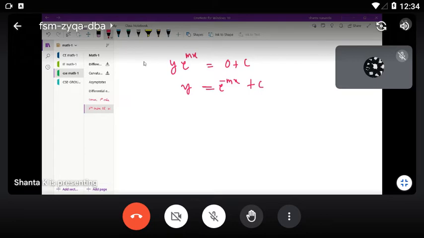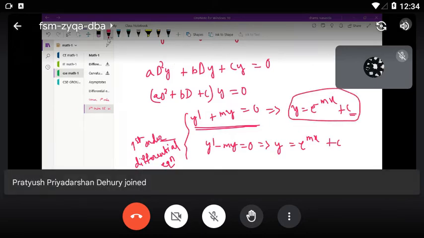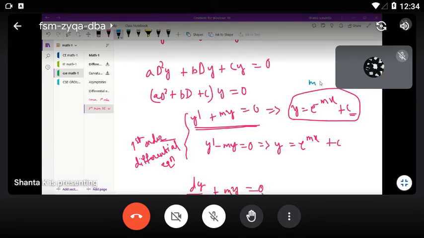So this m is unknown, but it's a constant. When I'm saying this, we are actually trying to find a solution of this form. It has certain benefits. That's why we are putting it in this form, e power mx. And here this m is a constant but unknown.